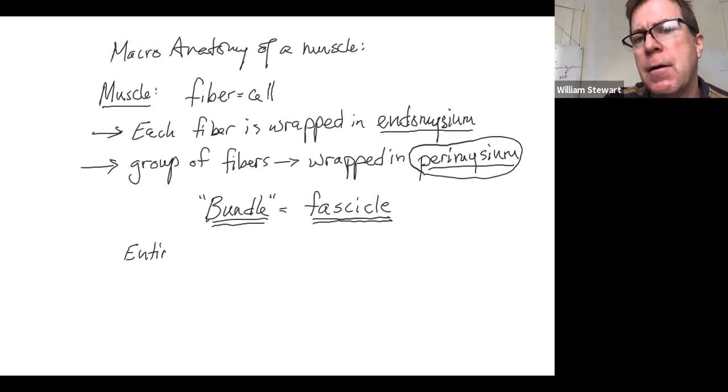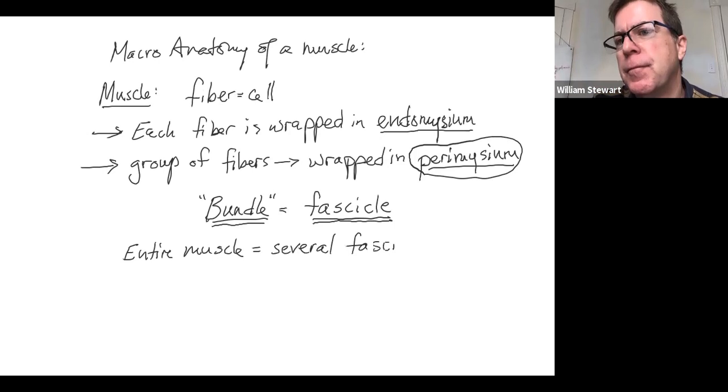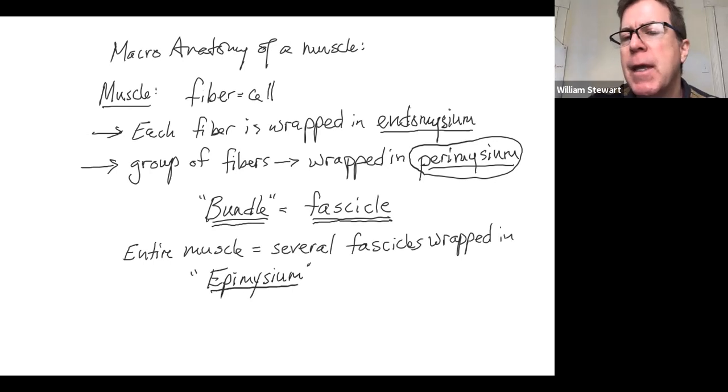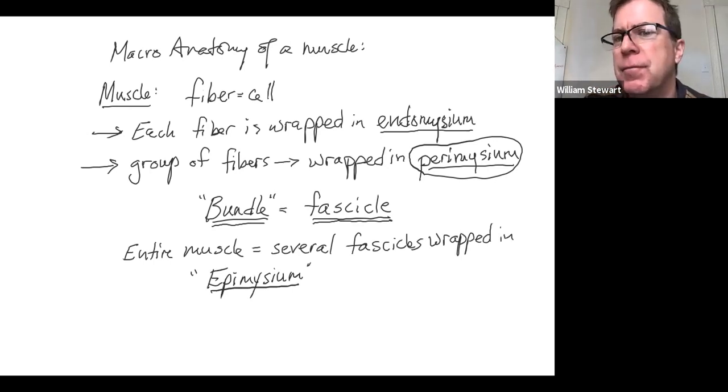So an entire skeletal muscle is really several fascicles wrapped in a very coarse connective tissue called epimysium. Epimysium is the outer covering of the entire muscle.